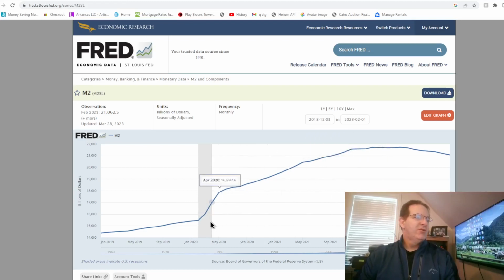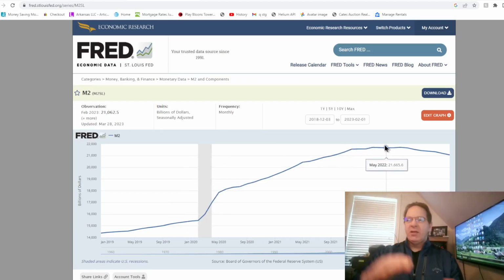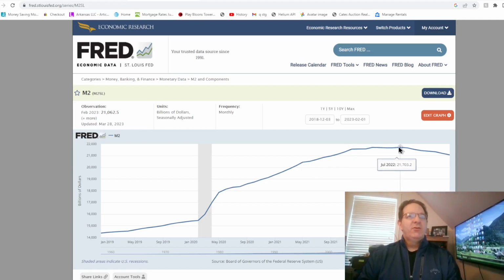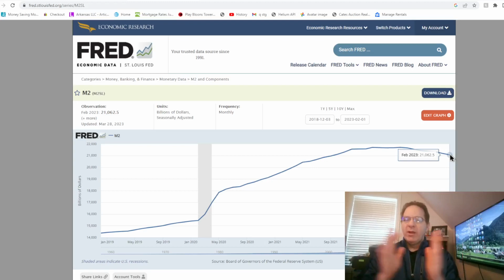So up here, you can see from here to here, this is called inflation. It's an exact measure of inflation. It pushes the underlying cost of goods and services up. And so you'll see here you went from $21.7 trillion down to $21 trillion total money supply out there.